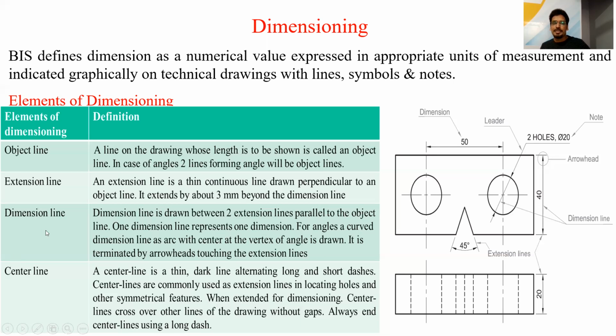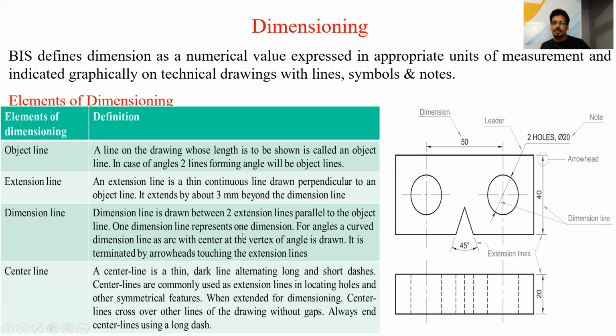Next is the dimension line. The dimension line is drawn between two extension lines, parallel to the object line. So it means if these are the two extension lines, a dimension line is drawn in between these two extension lines, and this dimension line must be parallel to the object line.